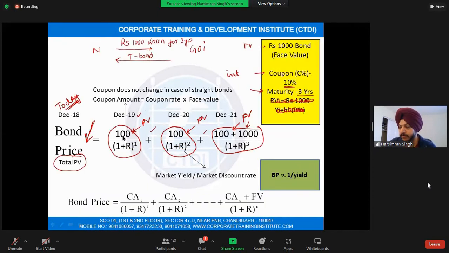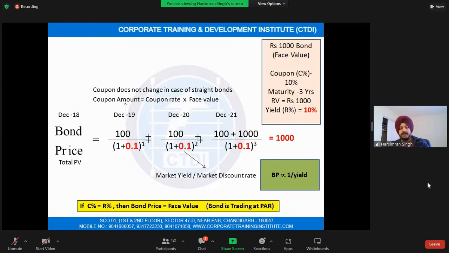How did this 100 rupees come? This 100 came from coupon rate 10% multiplied by the face value, 10% of 1000. The 1000 rupee loan that you gave to the government is multiplied by the interest promised by the government, it is 100. But this R is the rate of interest in the market.